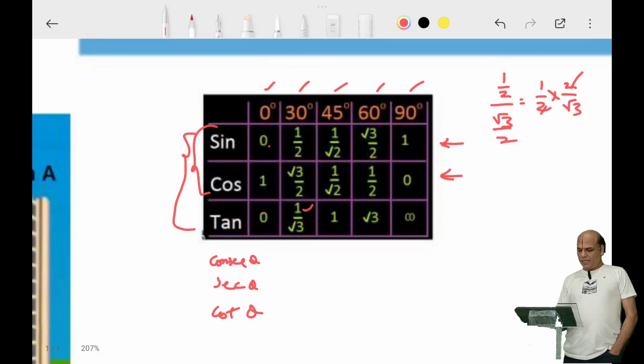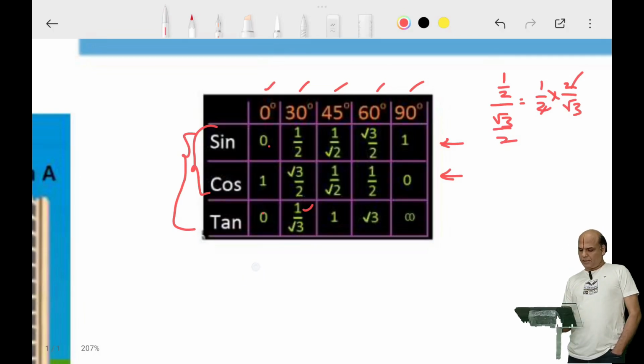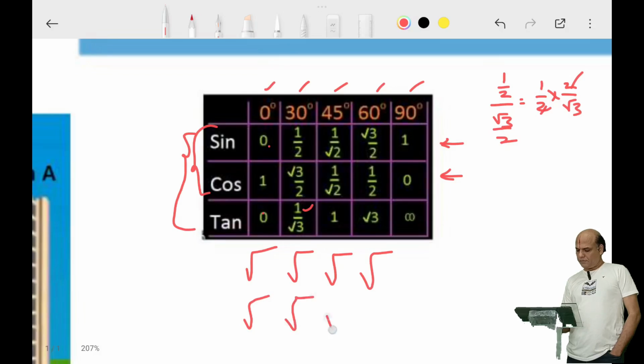There are various ways people are coaching to remember these values, but what I suggest is, all values you write under root for both sine and cos. Then the denominator for all is 4. 4, 4, 4 and 4.